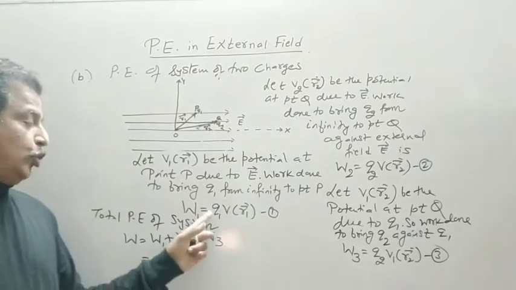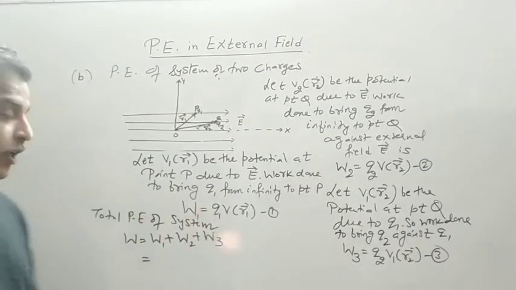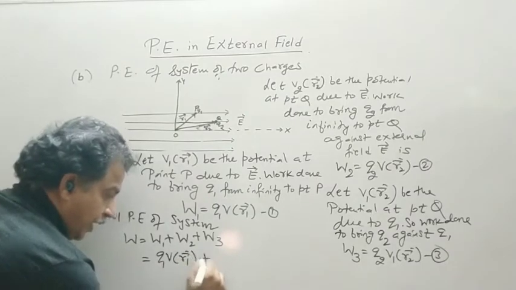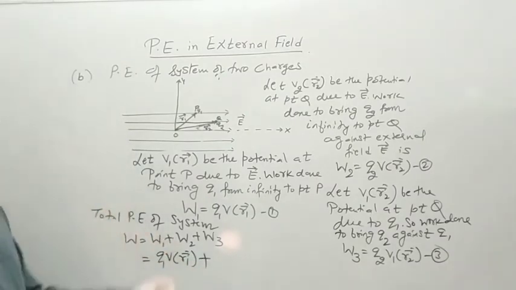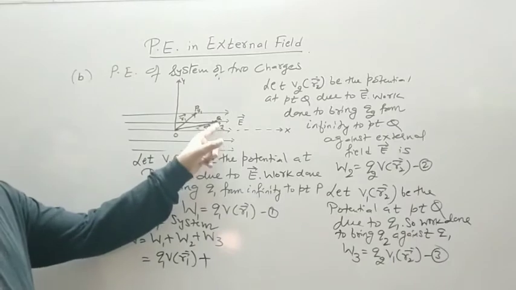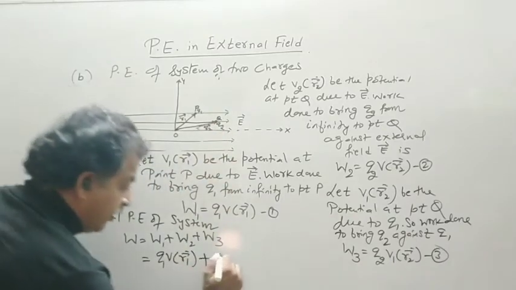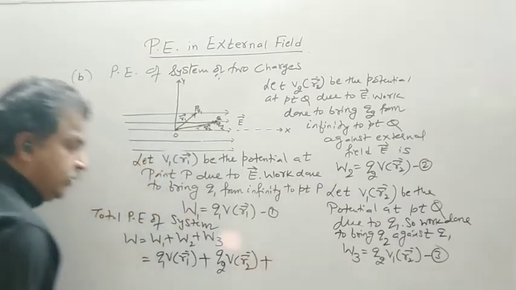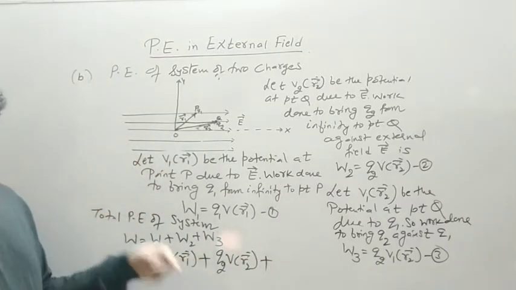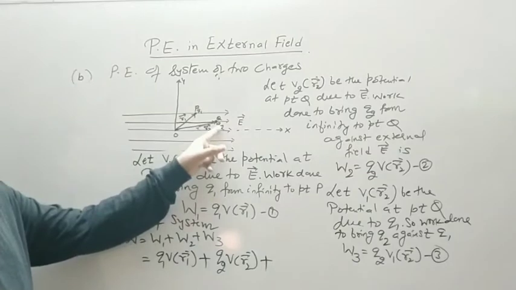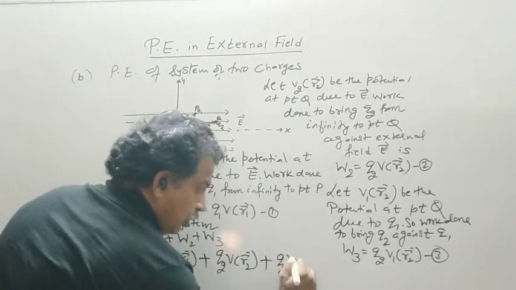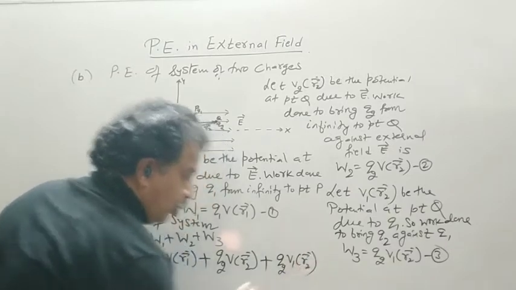Work done to bring Q1 against external field, so Q1 V(R1), plus W2, the work done to bring Q2 against the external field, that is Q2 V(R2), plus W3, work done to bring Q2 against Q1, that is Q2 V1(R2).